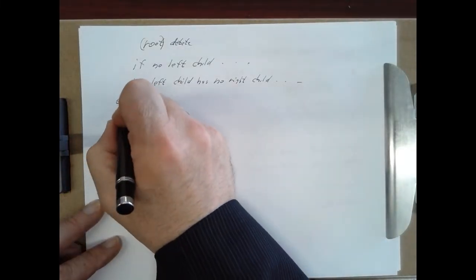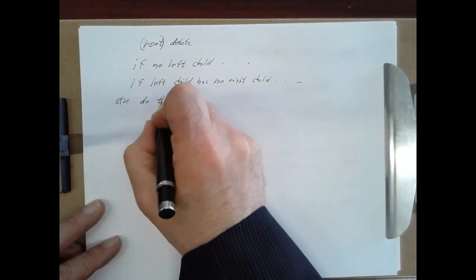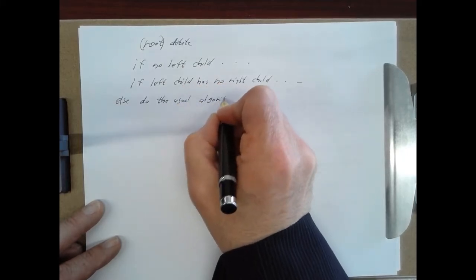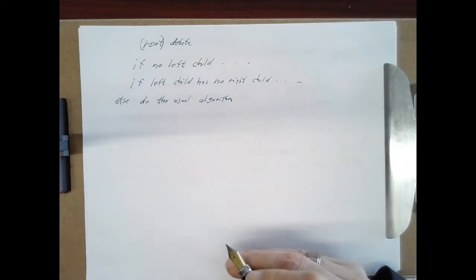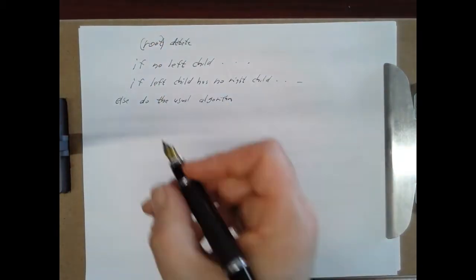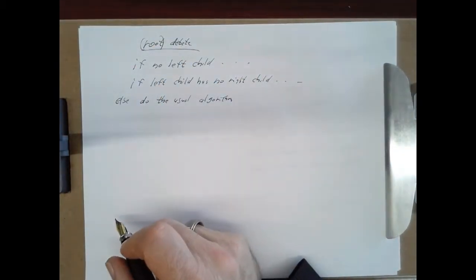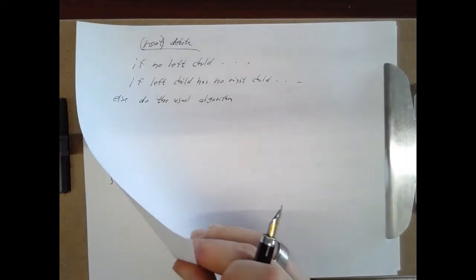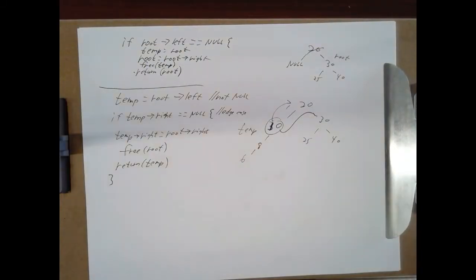Otherwise, do the usual algorithm where we move down to the right and we find the largest node, we pass on the children, and so on and so forth. So there's really three cases for deleting the root of a tree, and that's not the most general delete algorithm, right? Our general delete algorithm is actually recursive.